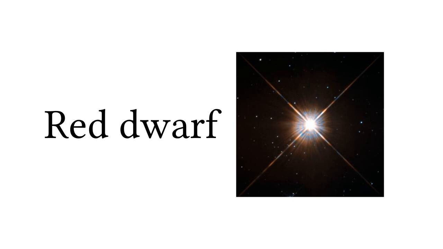Other definitions are also in use. Many of the coolest, lowest mass M-dwarfs are expected to be brown dwarfs, not true stars, and so those would be excluded from any definition of red dwarf.